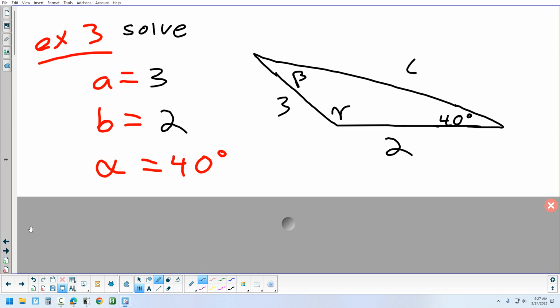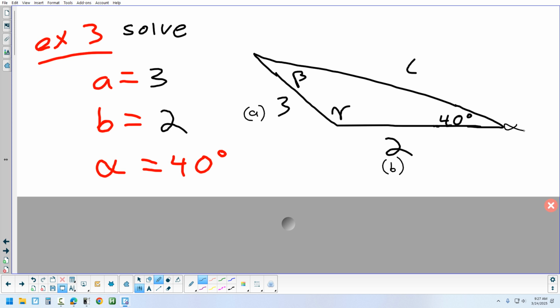Okay, so first thing is, how do you know it's side-side angle? Well, if you draw a picture, that's A, that's B, that's beta, and that's alpha. You have a side, another side, and an angle that is not between the two sides.